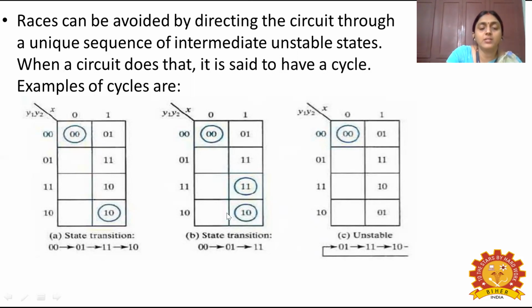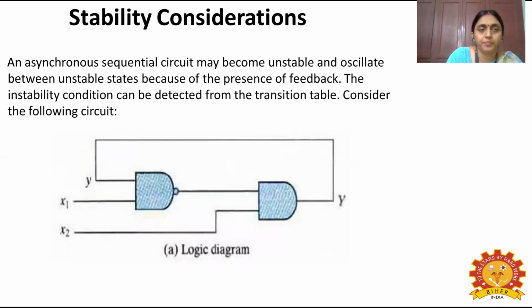The second diagram B shows the state transition from 00 to 01 and further from 01 to 11. And the third table C denotes the unstable condition where the transition becomes cyclic, from 01 to 11, from 11 to 10, and from 10 back to 01.